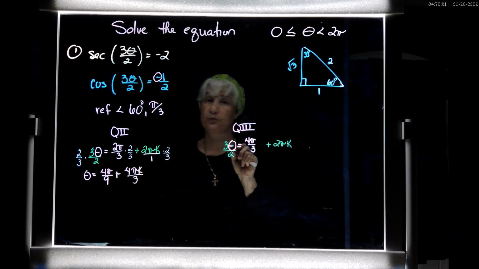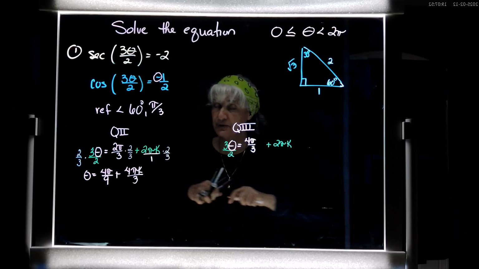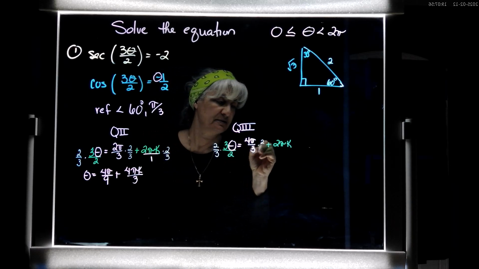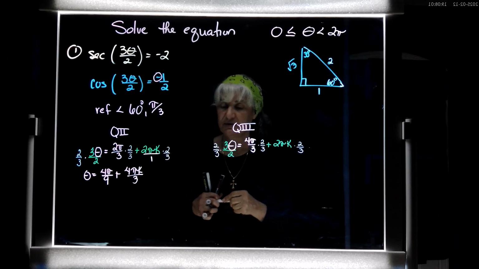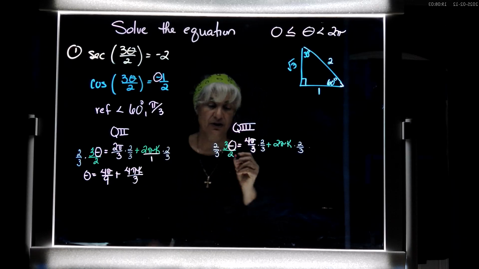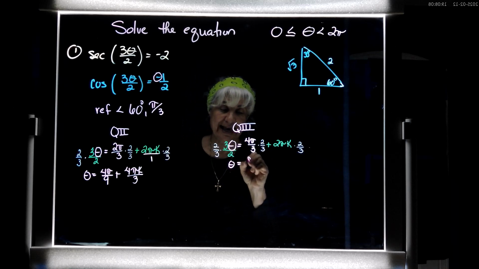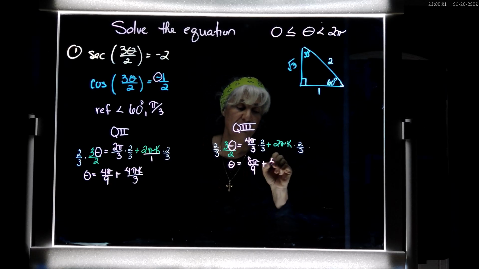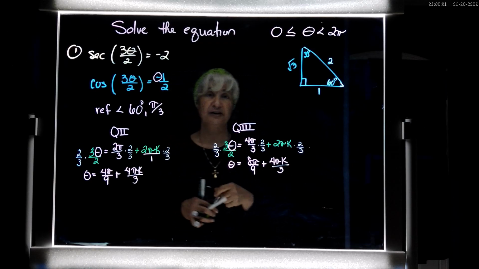Okay. What about here? Same thing. Good. You're going to have to multiply both sides by the 2/3. And when you do that, what remains? Good. On the left side is just theta. Over here, 8 pi/9 plus 4 pi k/3. Good. Excellent. Well done. Are we okay so far?